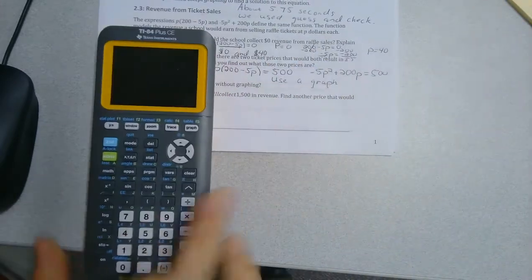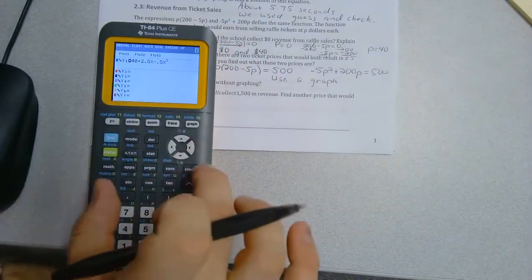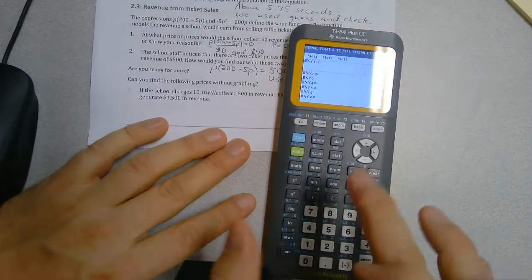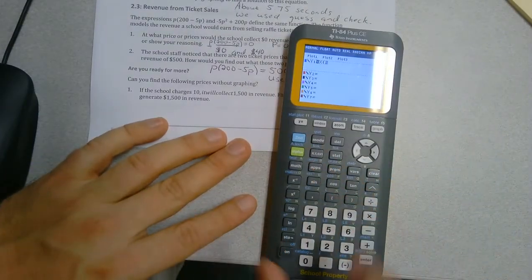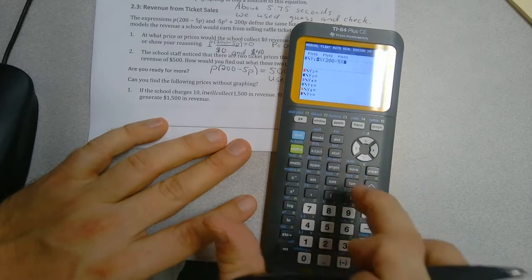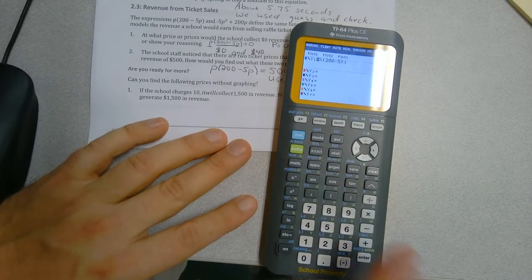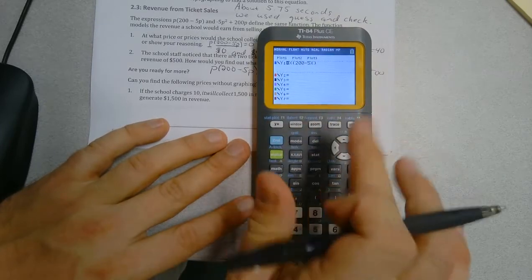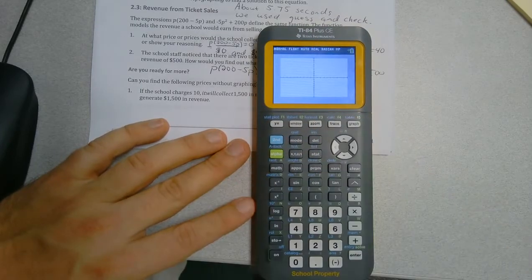So in using the graph, I'm going to put in the equation x times (200 minus 5x). And then what I'm going to do is graph that.